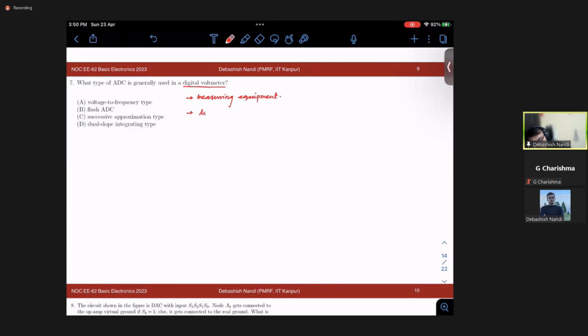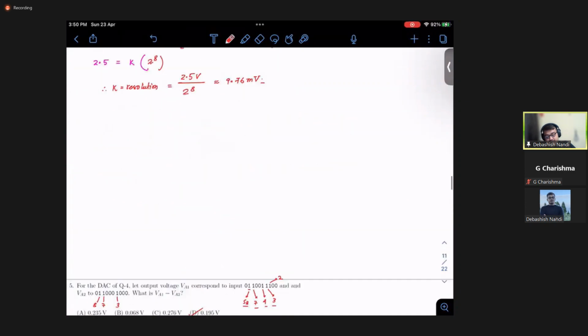We need high precision, and that means we can use dual slope integrating type ADC, right? So your D would be the right answer. This we have discussed earlier also.